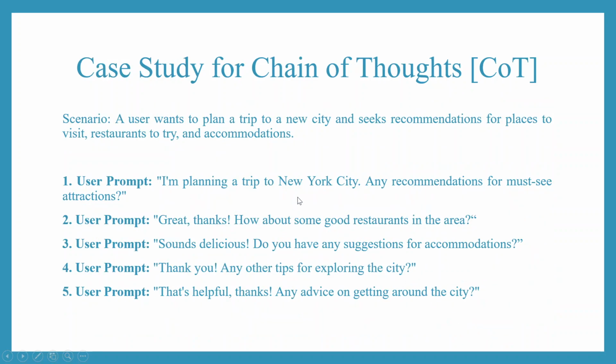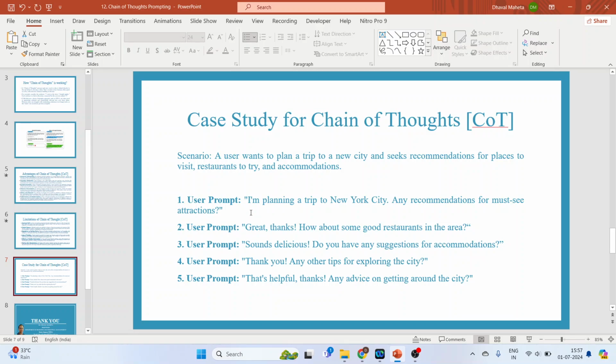Now let's take this case study. There is a scenario. A user wants to plan a trip to a new city and seeks recommendations for places to visit, restaurants to try, and accommodations. So these are the user prompts from 1 to 5, and we will build a chain of thought. Let's copy the first one.